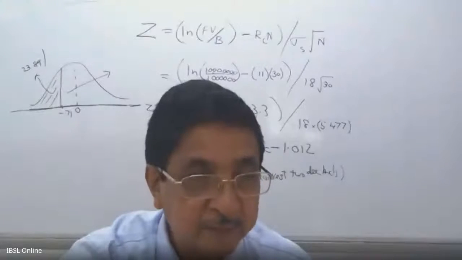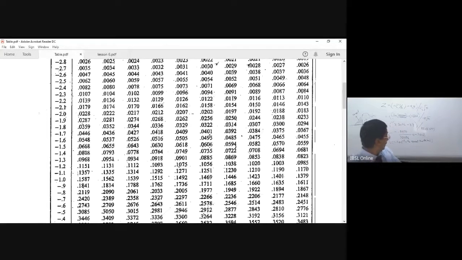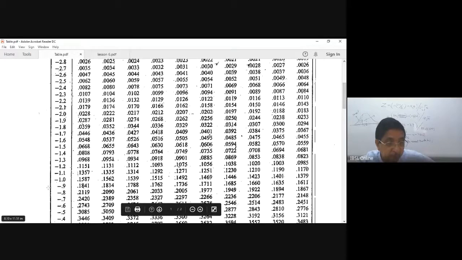Under the normal curve table, we need to go for minus 1.01.